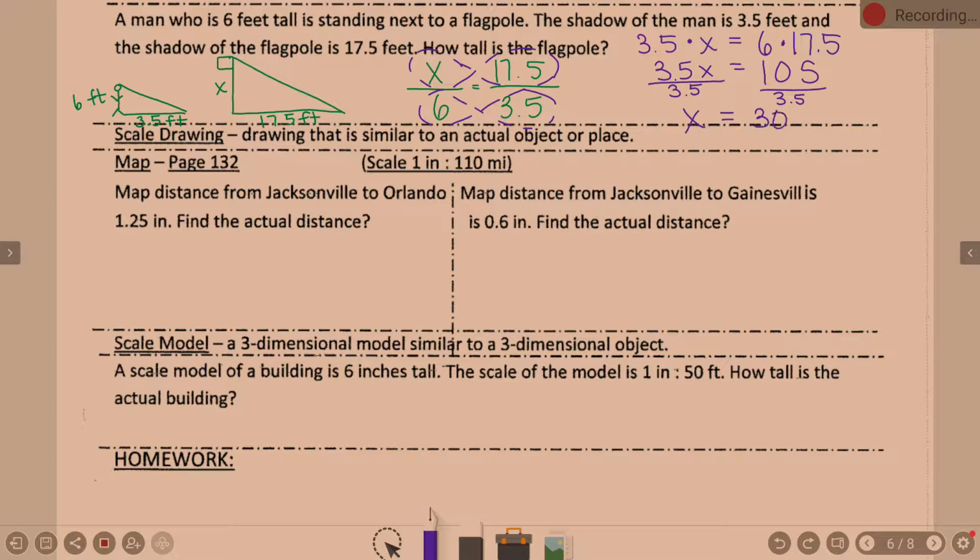Now on this one, can you put a label on this one? 30 what? 30 feet. What was the question asking? How tall is the flagpole? All the other dimensions they gave us were feet, so we're looking for 30 feet there.